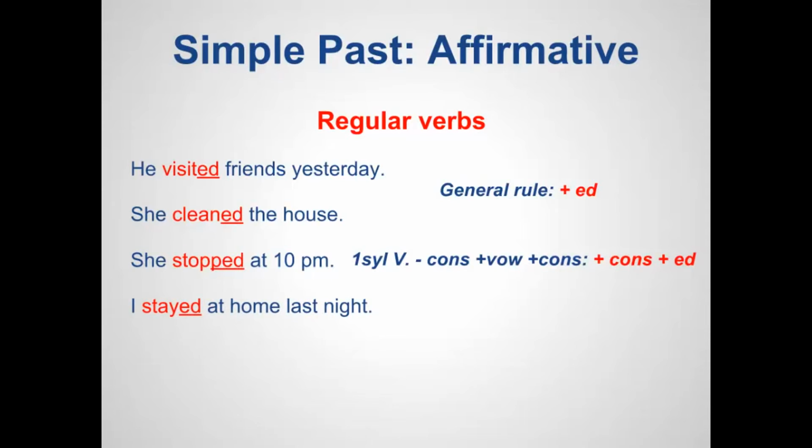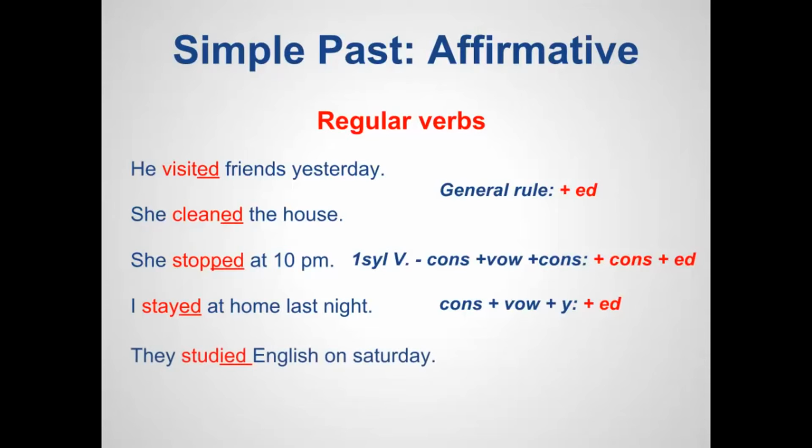Next, I have here, I stayed home. I didn't go out. I didn't do anything. I stayed home last night. Pay attention to the verb stay. It ends with consonant, vowel, and y. So you add ed. So stay becomes stayed.